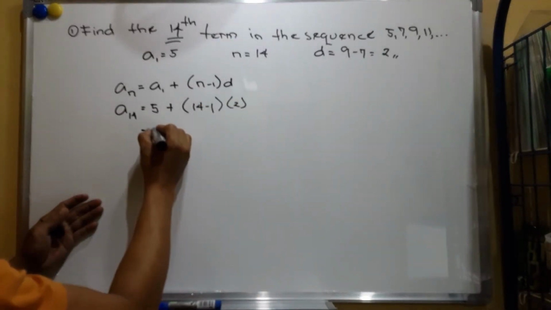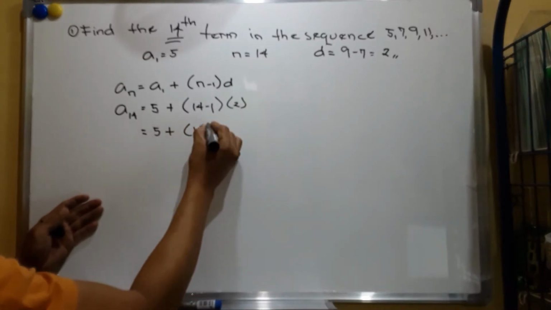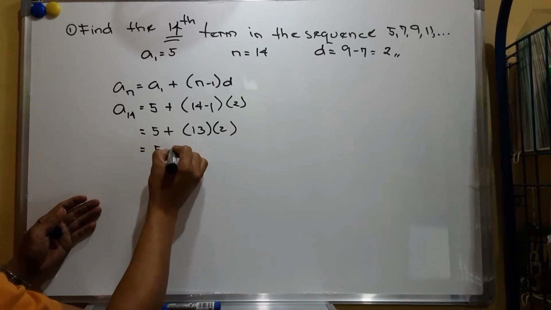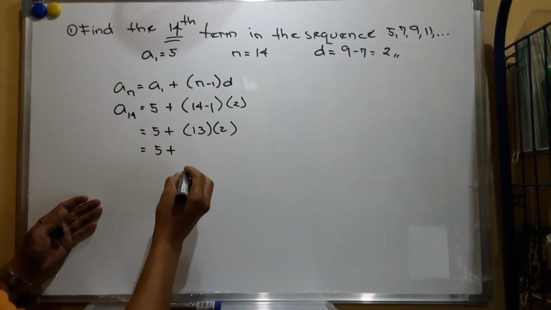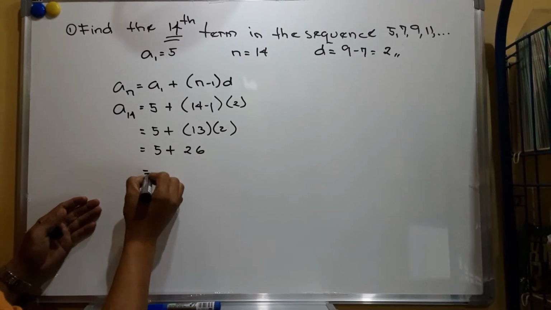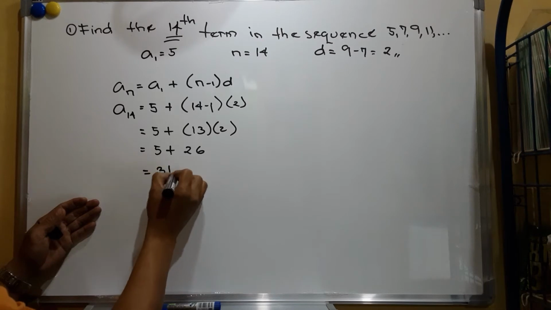Simple algebra: 5 plus 14 minus 1 is 13, times 2. That is 5 plus 13 times 2, which is 26. And therefore, we can conclude that a sub 14 is 31.